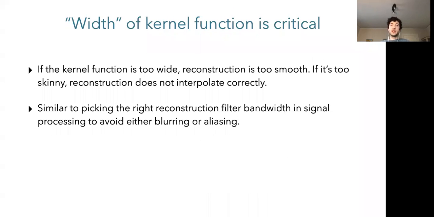Now, as you can guess, it's really critical to pick the correct kernel functions. If the kernel is too wide, you won't be able to represent high frequency details. And if the kernel is too skinny, you end up overfitting to the input data.